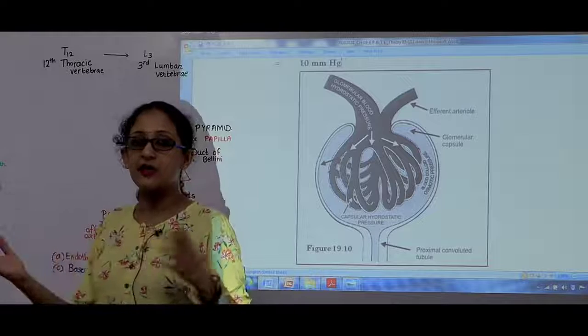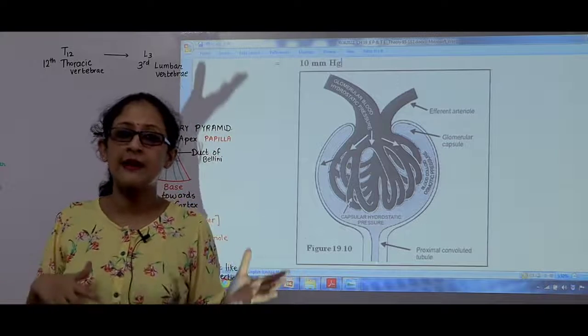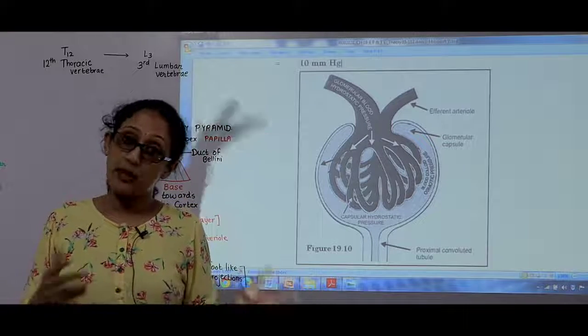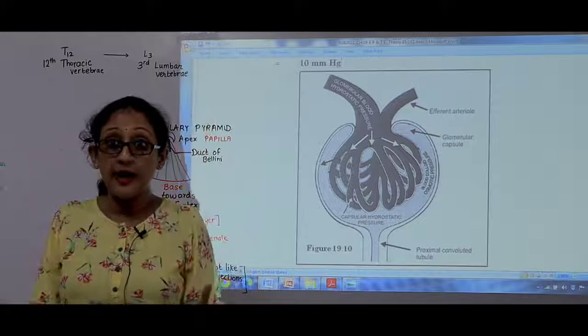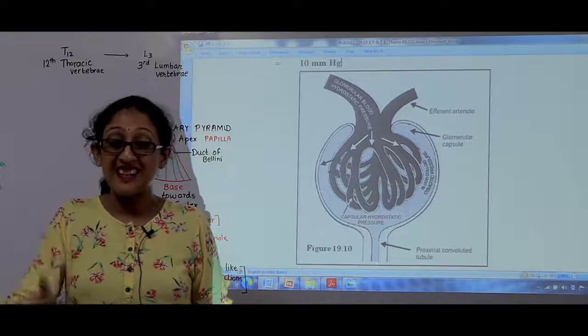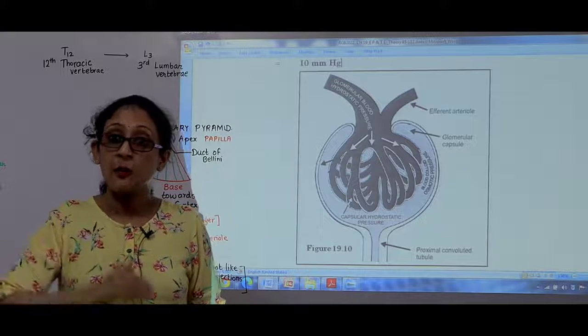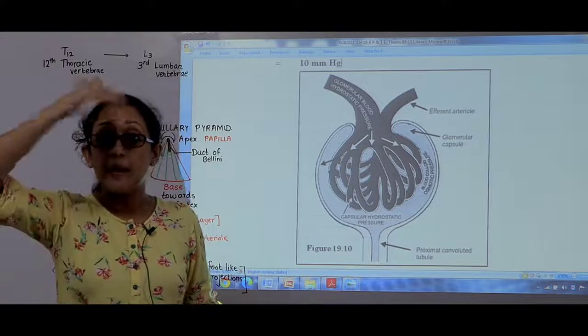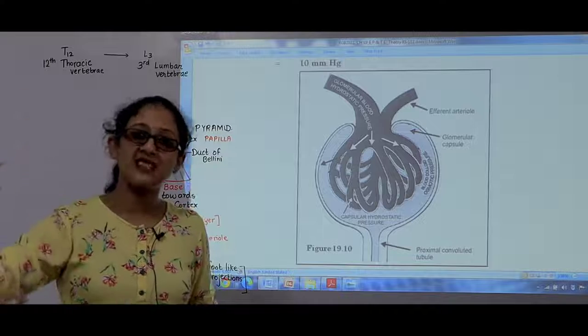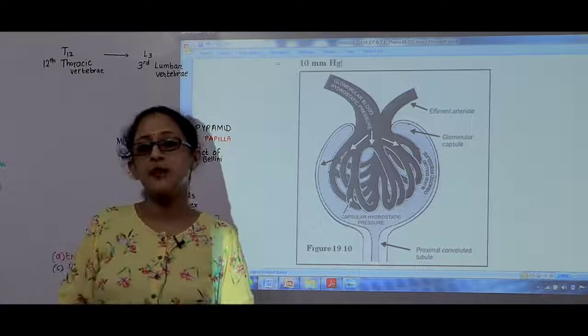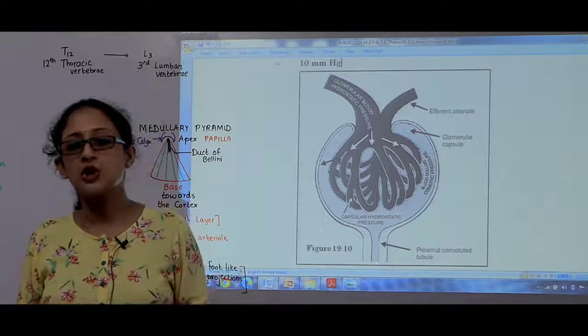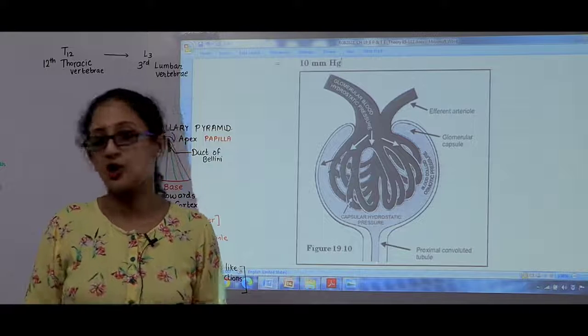We discussed difference between cortical nephrons and your juxtamedullary nephrons. We discussed even the blood supply to the kidneys, that renal vein has the least urea and hepatic vein has the maximum urea. And now we have discussed the first principle of urine formation, which is ultrafiltration.